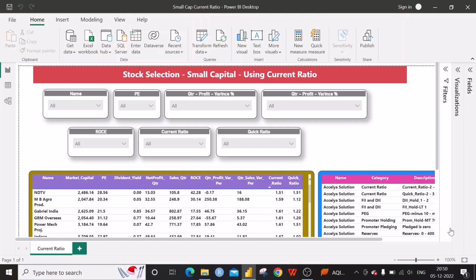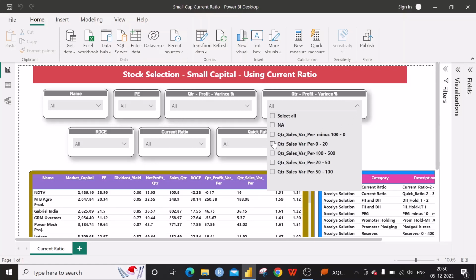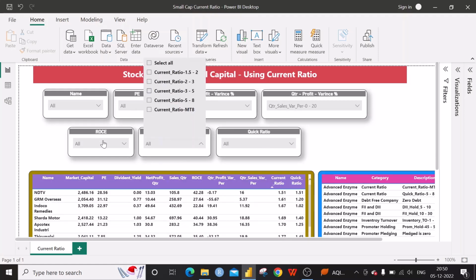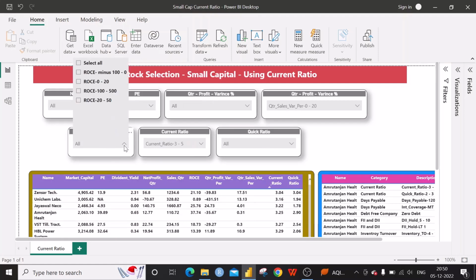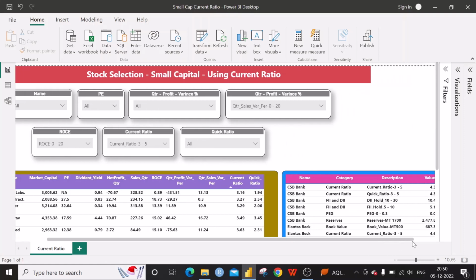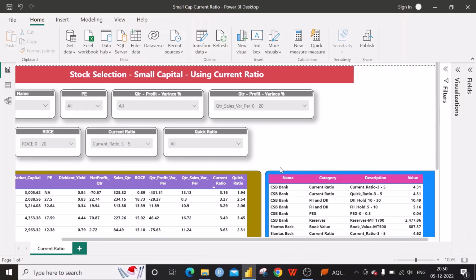Here also we can use a proper combination of the parameters for our selection, the current ratio, the ROCE. Likewise we can select the appropriate stock for our consideration, whether we are able to invest in this stock or not. We can use the information and select the stock.